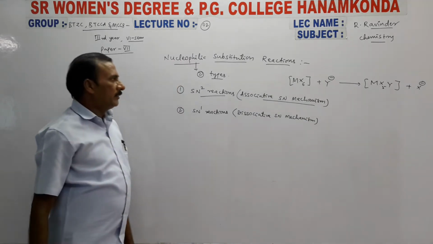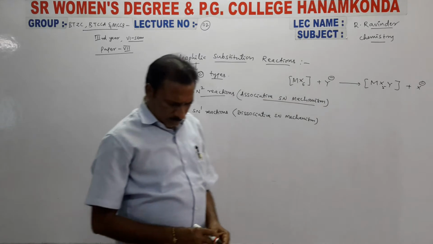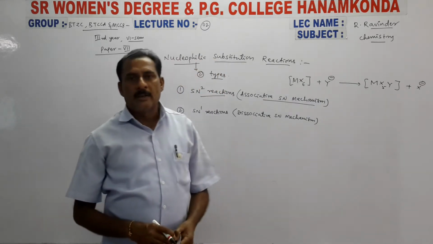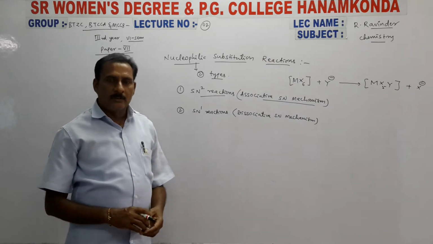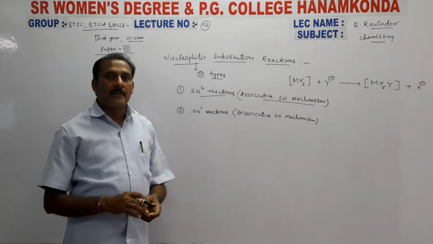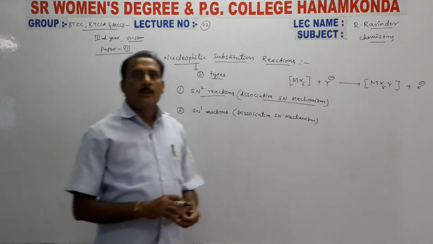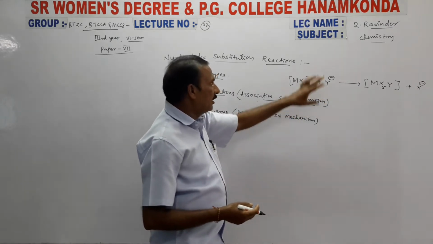In these reactions, when one ligand is replaced by another ligand, or one nucleophile is substituted by another nucleophile, it is called a nucleophilic substitution reaction. Depending upon the mechanism, here is the best example.